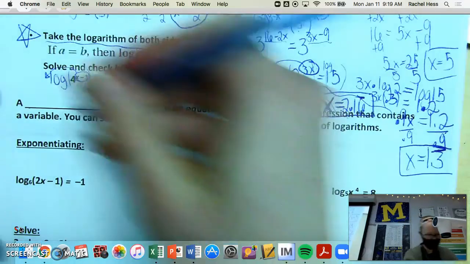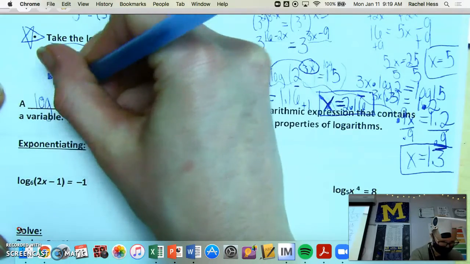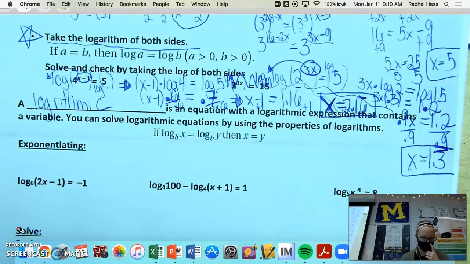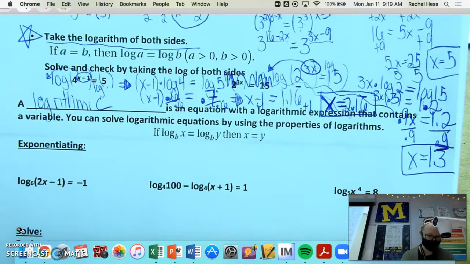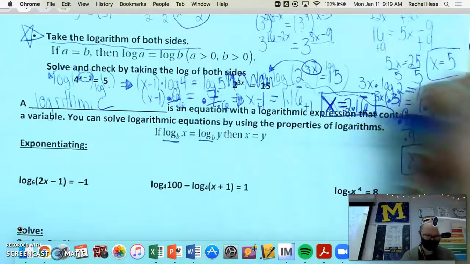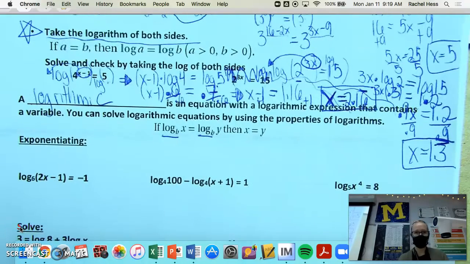A logarithmic equation is an equation with logs and variables in it. You can solve these by using logarithmic properties. So if you get log b of x is equal to log b of y, then x is equal to y.